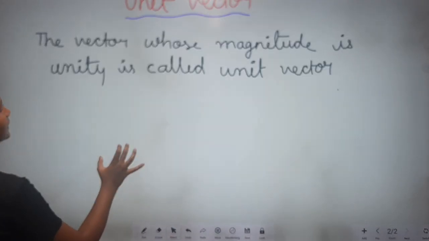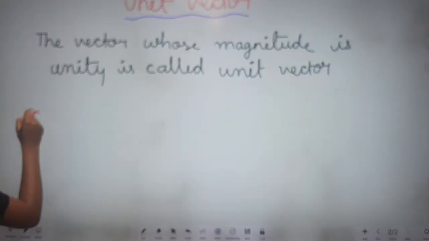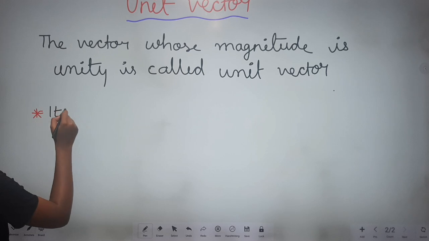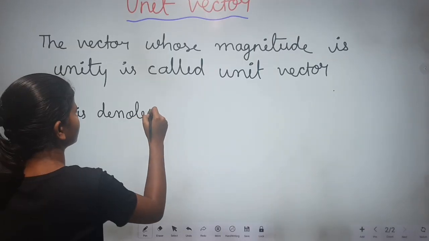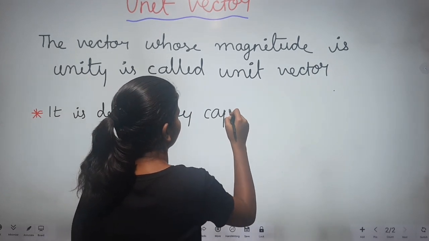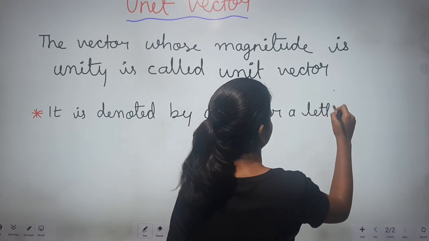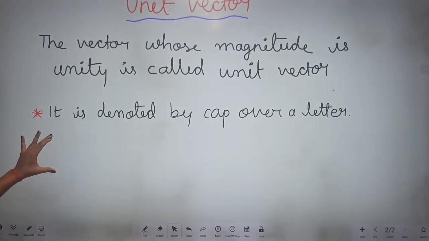Let's see some points related to unit vector. Our first point is that a unit vector is denoted by a cap over a letter.